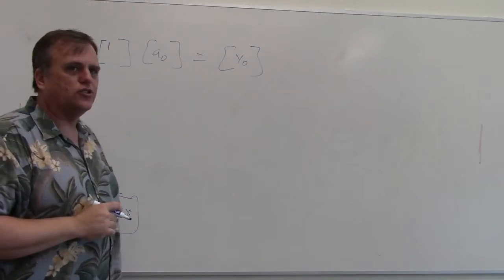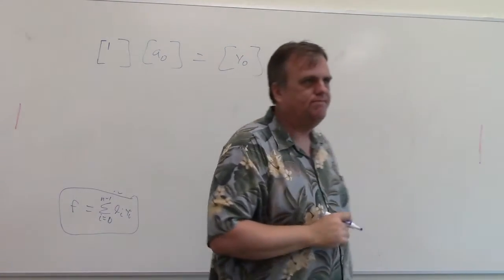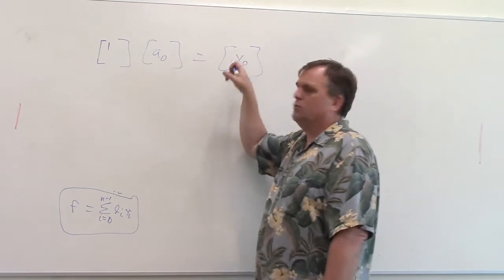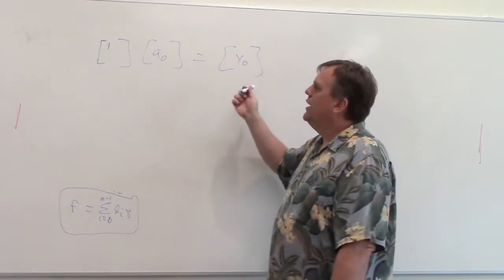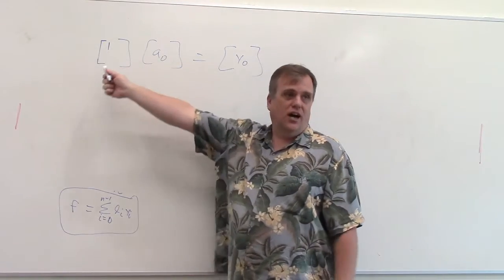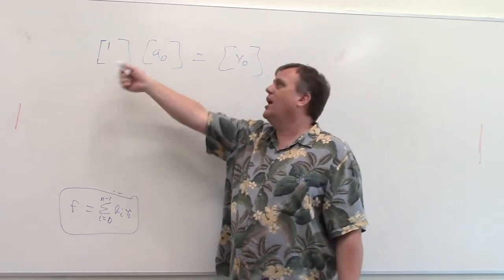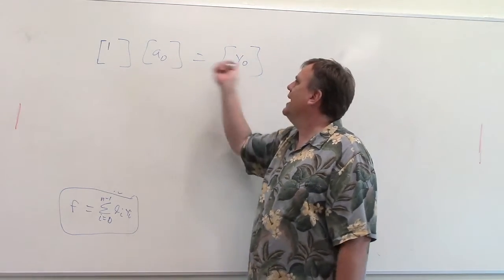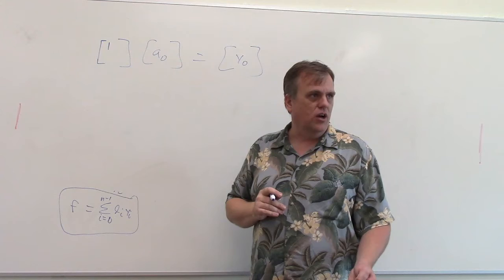Let's assume I'm trying to fit x, y points, and I'm going to write this in matrix form. Here's my Ax = b. This is a constant, so I'm trying to find the best constant function that will account for y0. Trivially, I'll find a0 = y0.